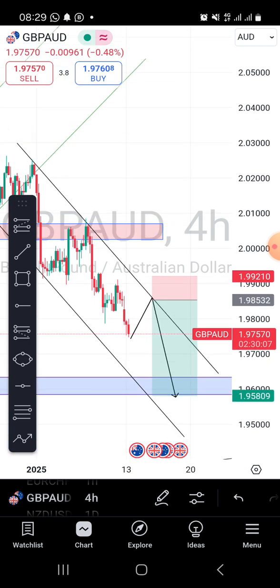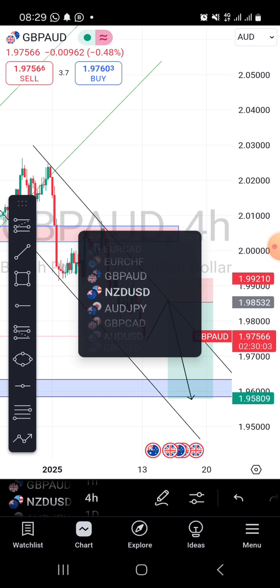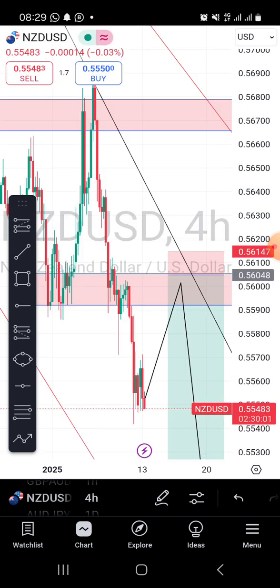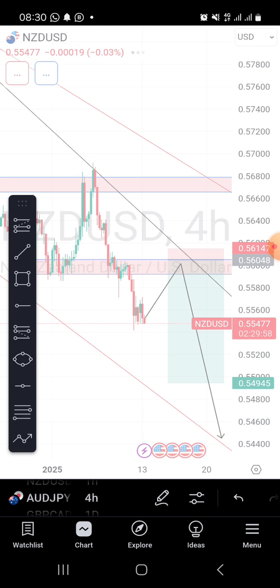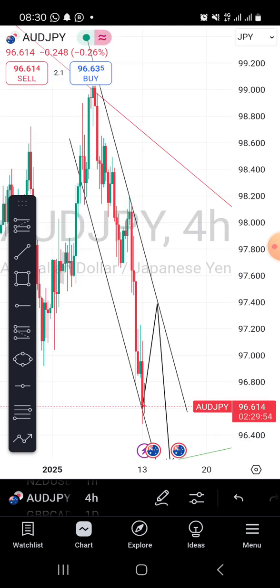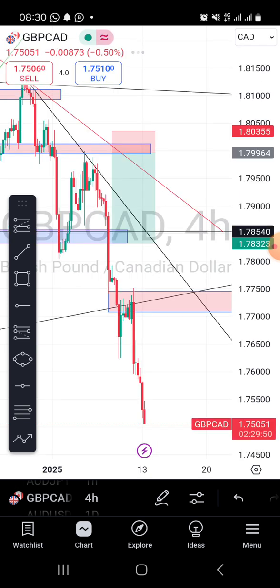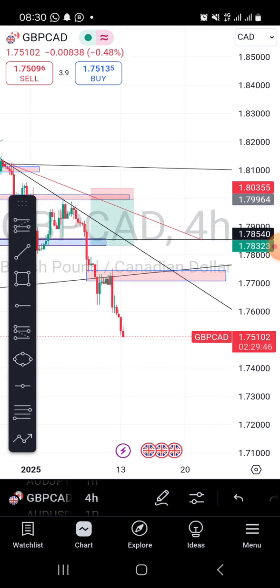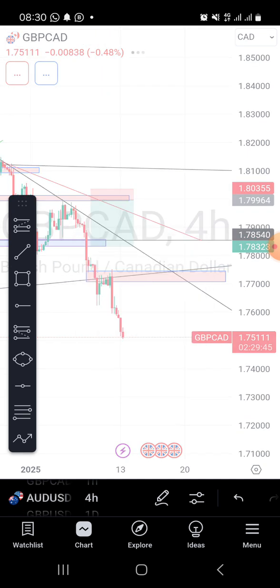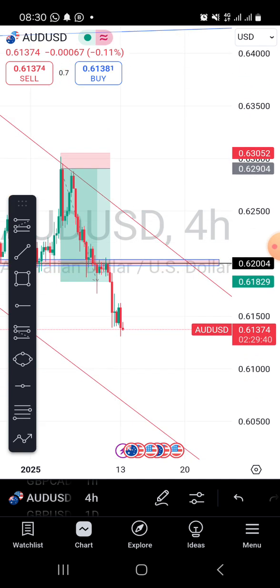Okay, and these two, GBP AUD, NZD USD, AUD JPY, GBP CAD, AUD USD.